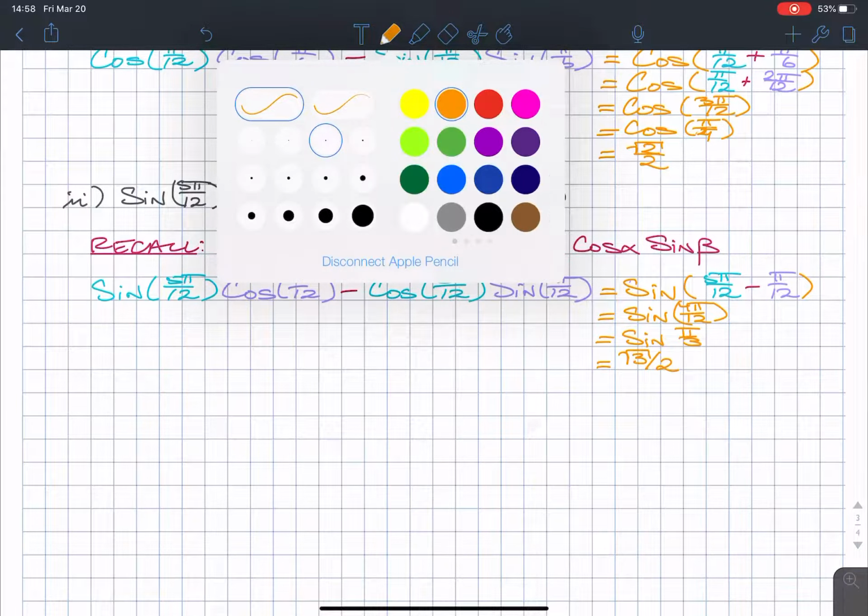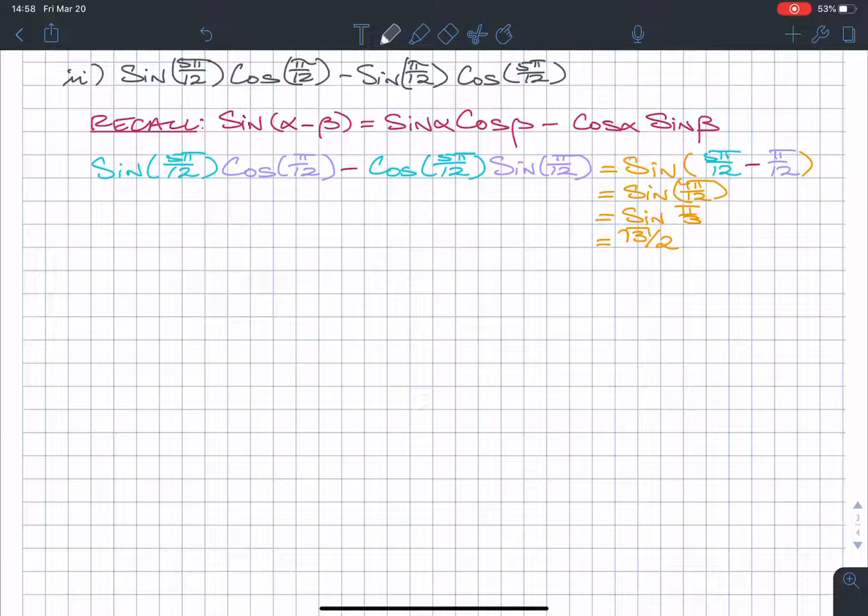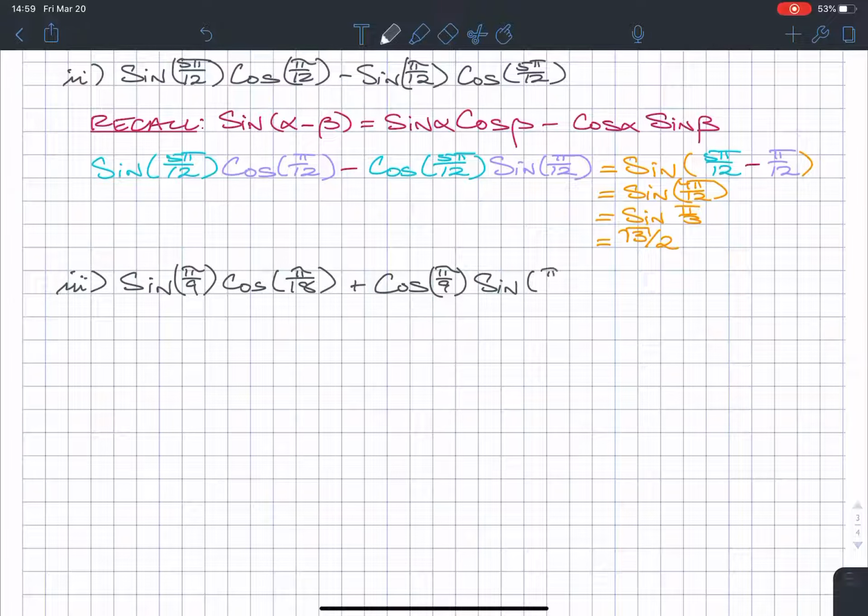Okay, let's do another one using the sum and difference formulas. So number 3, let's evaluate sine of pi over 9 cosine of pi over 18 plus cosine of pi over 9 times sine of pi over 18.